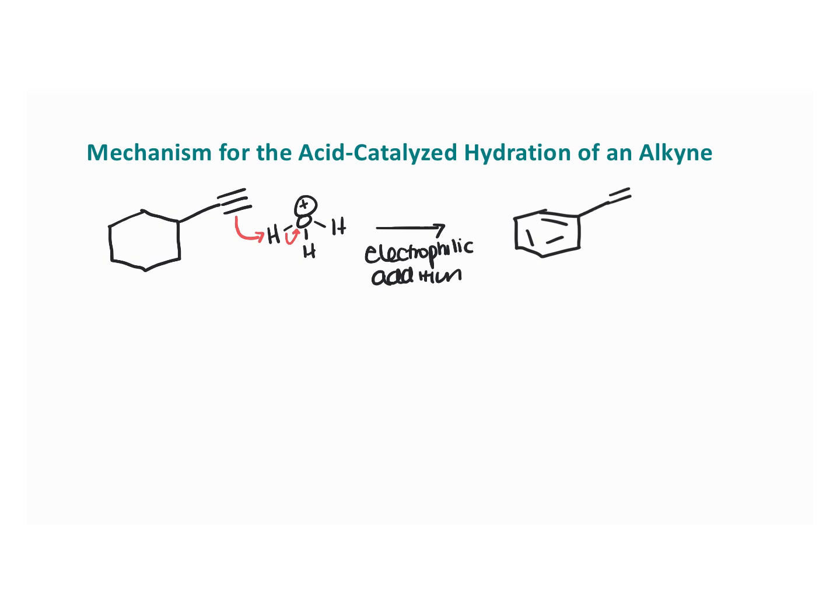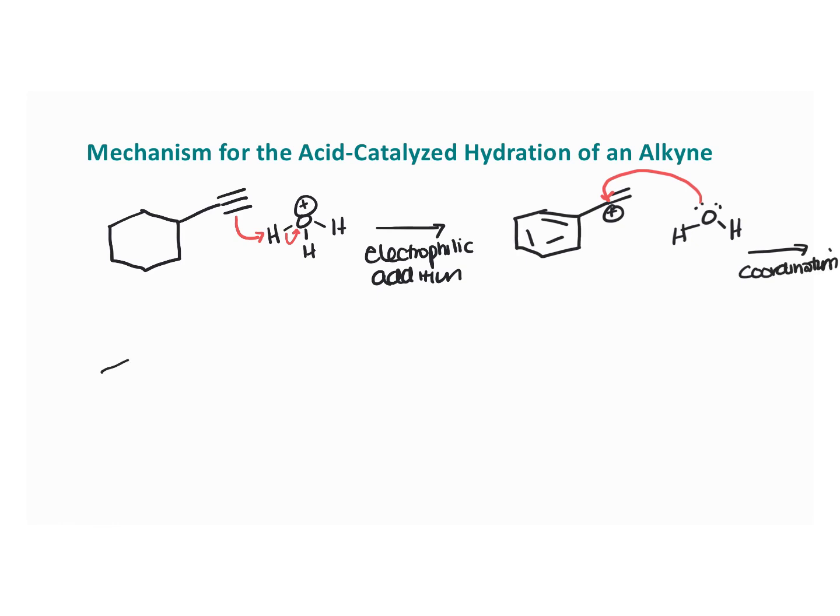Now, we have a double bond there with a positive charge, that's our vinylic carbocation. Water's going to come in. These electrons are going to attack that partially positive carbocation in a coordination step.